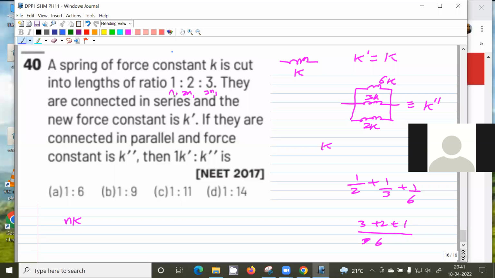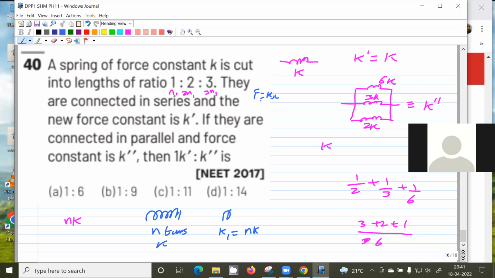Okay, so suppose the spring has got n turns, and the spring constant is k, and suppose we take just one turn of this spring. So what is the spring constant of this one? K by n? It will be more, n times k. The spring constant is basically the force required to compress it, F equal to kx.